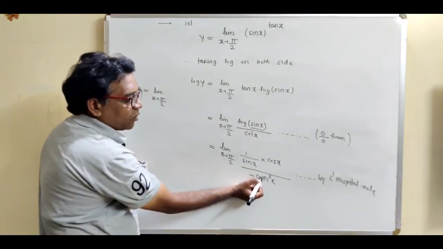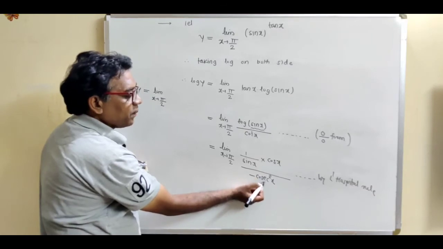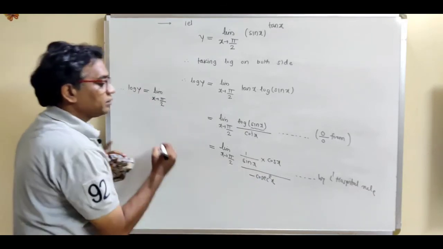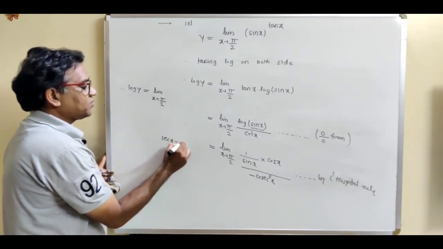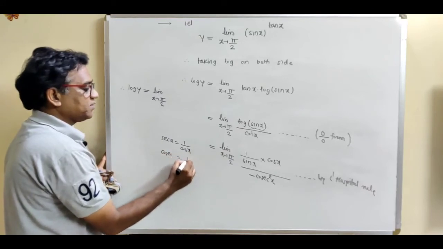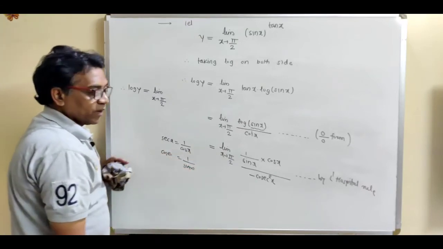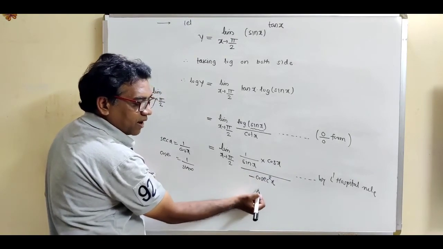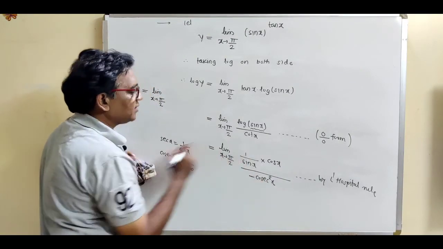Now this 1 upon cosec means it is 1 upon sine. Sec x means it is 1 upon cos x, and cosec x means it is 1 upon sin x. So cosec square means 1 upon sin square x. So cancel one of the sin x and transform this sin x in numerator.